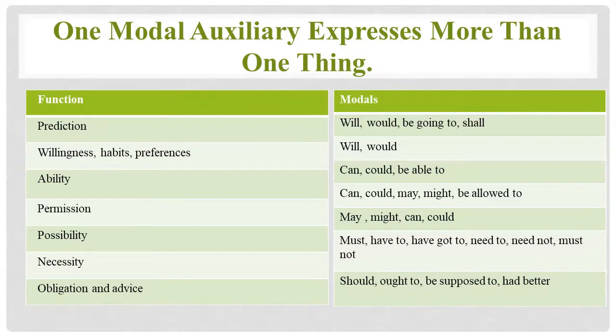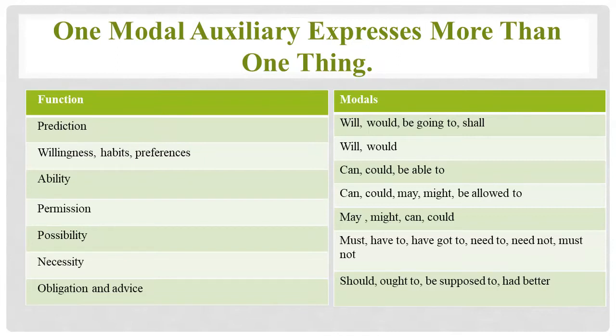All 4 of them are used for both permission and possibility. For necessity, we use must, have to, have got to, need not, must not. And for obligation or advice, we use should, ought to, be supposed to, had better.